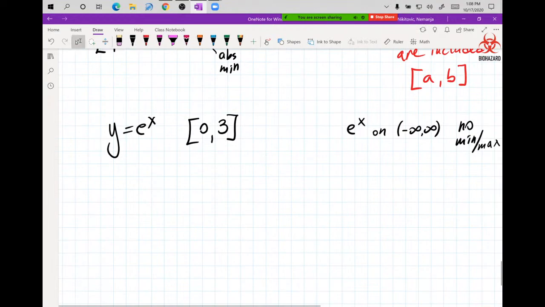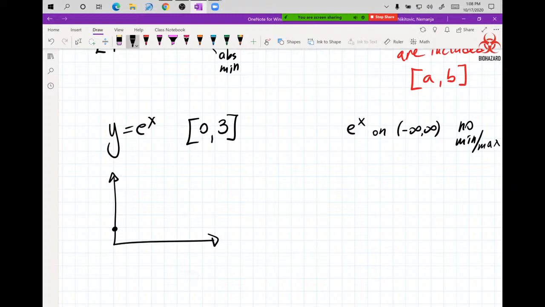But if I have this function just from x equals 0 to x equals 3, it's this piece. Whee! And stops.